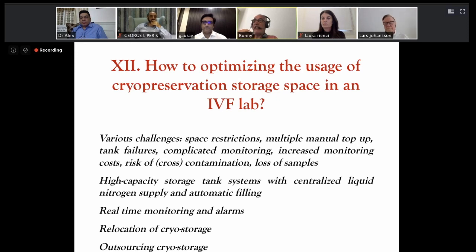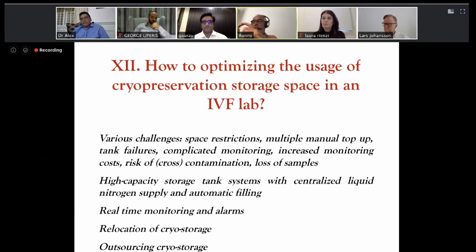And finally, and these are systems which are now developed commercially, I think we should consider whether it's not wise in the long term to outsource cryostorage. There are now services available where you can vitrify and RFID track the complete process from vitrification up to storage.